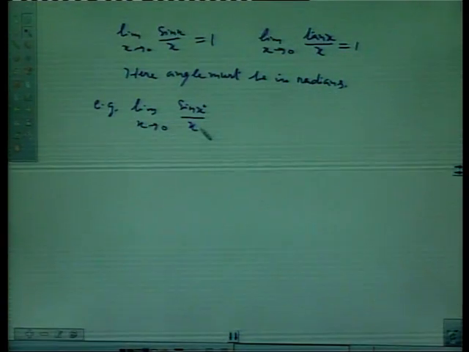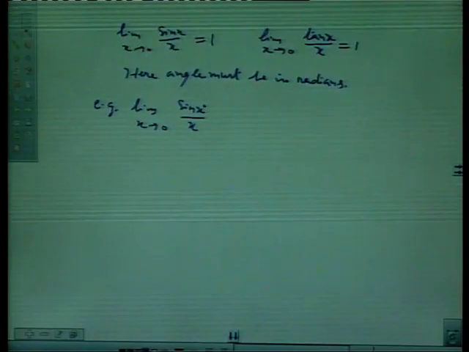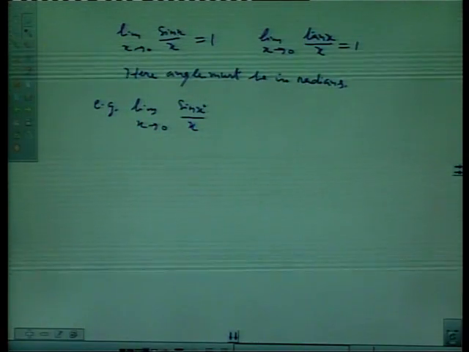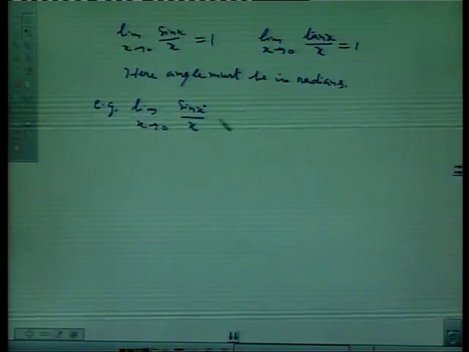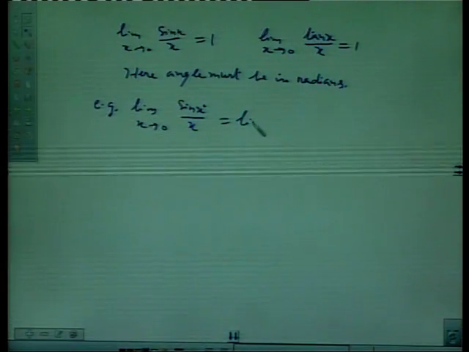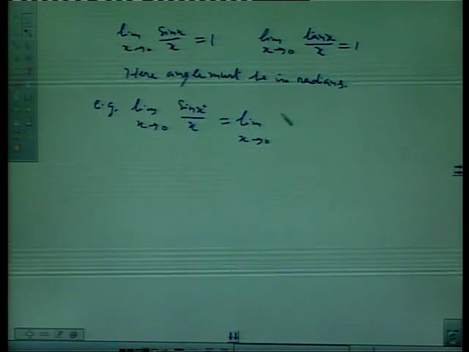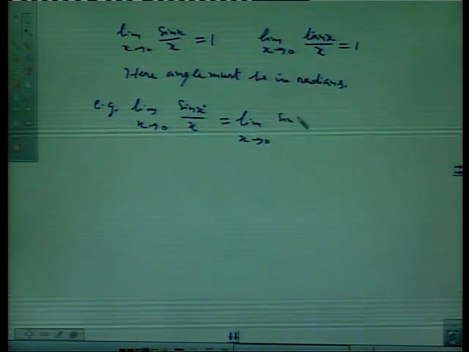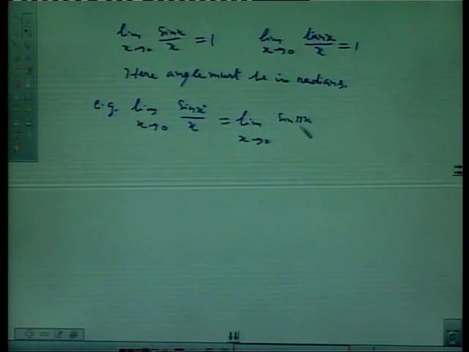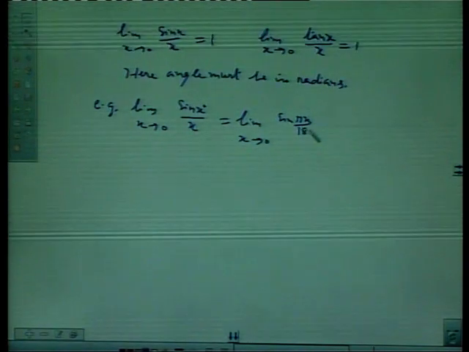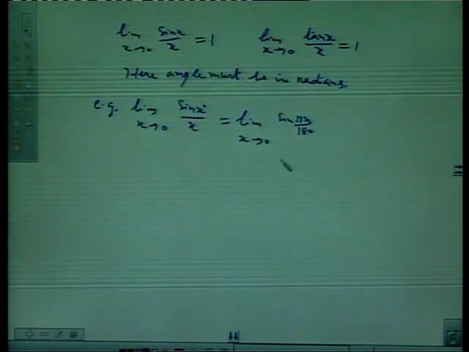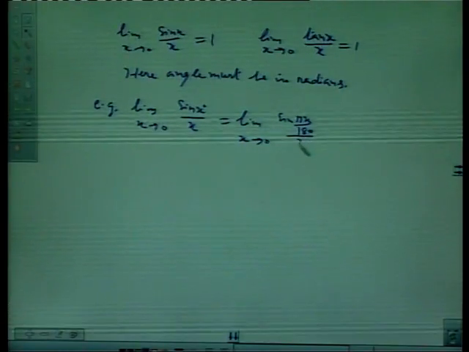Here angle is in degrees, but we have to convert this into radians. To convert degrees into radians, we multiply by pi upon 180, so sin of pi x upon 180, upon x.